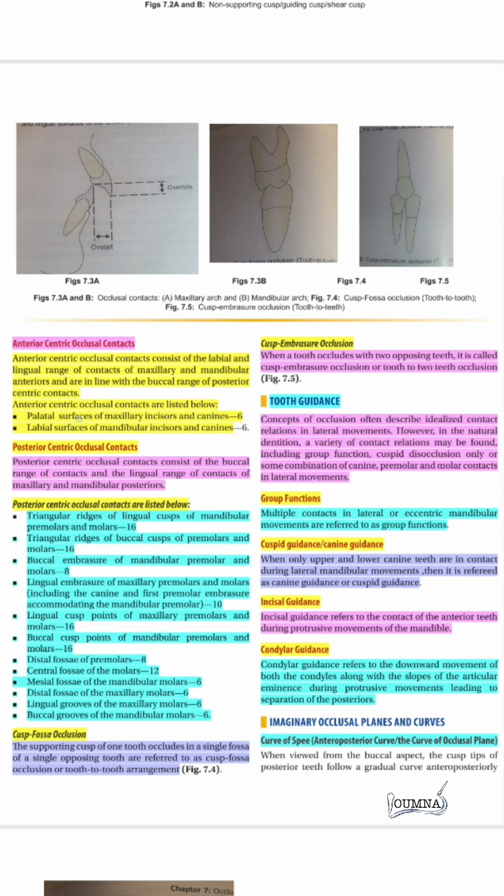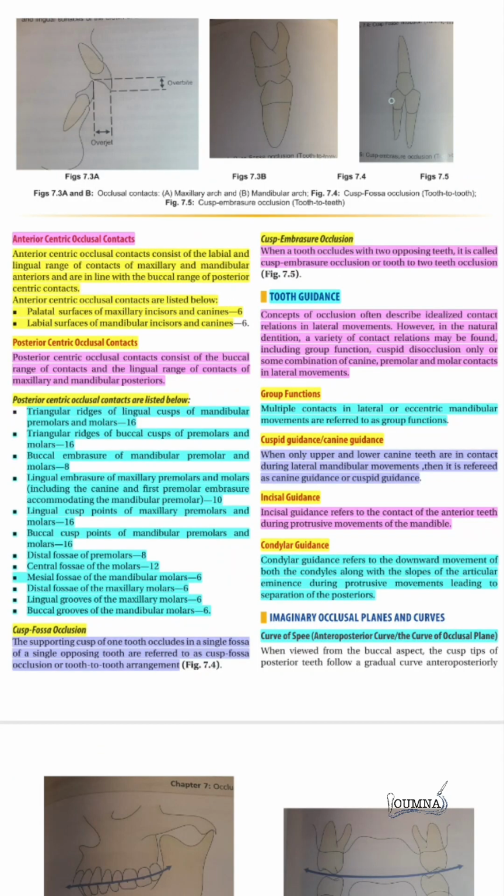The anterior centric occlusion contact is that the palatal surfaces of the maxillary incisors occlude on the labial surfaces of the mandibular incisors and canines.